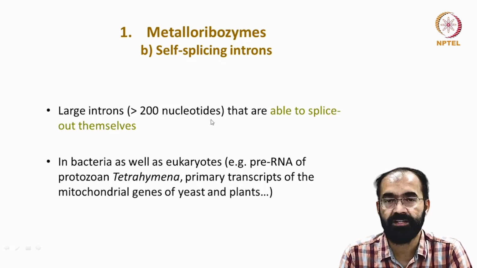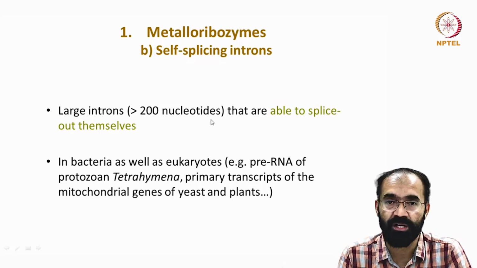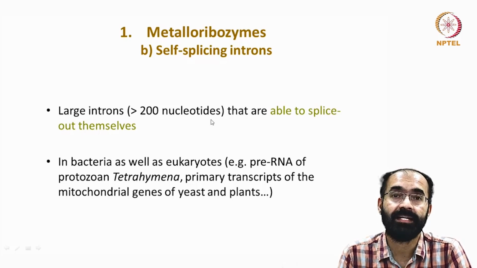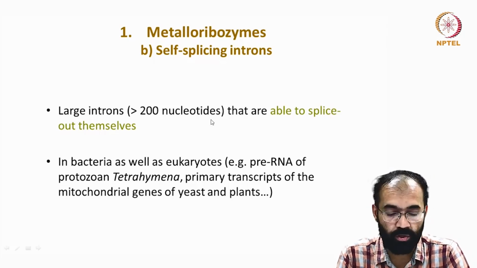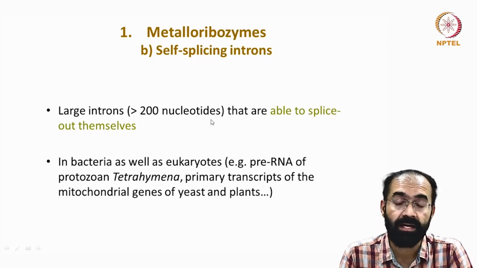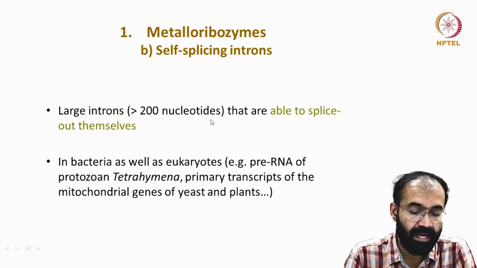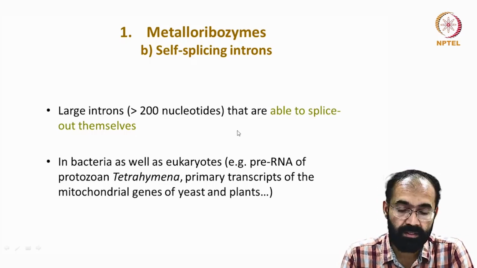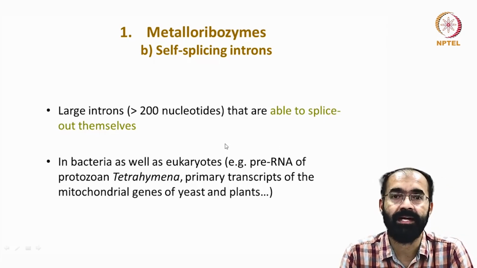For the time being, understand that when an RNA is being formed, it has regions that need to be present in the mature form and regions that need not be present in the mature form. Those regions which need not be present in the mature form are called introns. For a self-splicing intron, you need roughly 200 or more nucleotides in length, and then they will be able to self-splice, or splice themselves out, without any intervention.